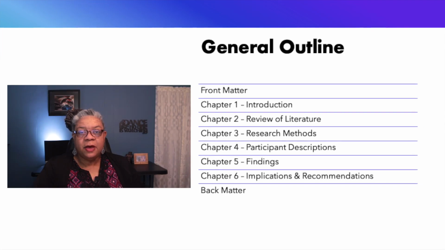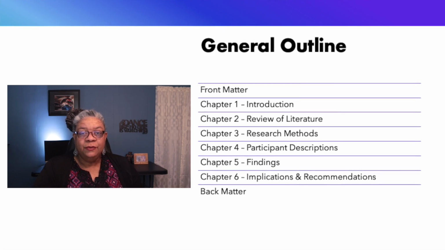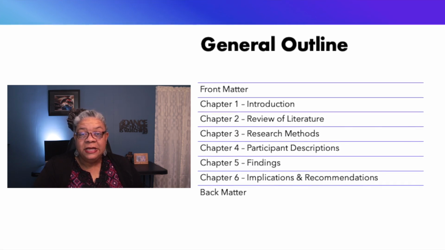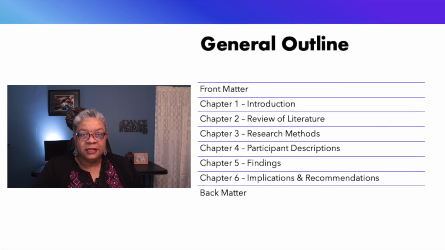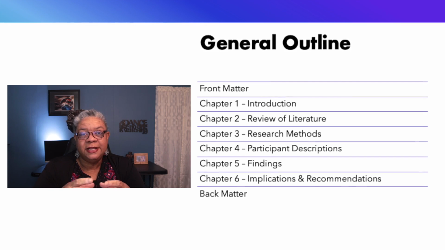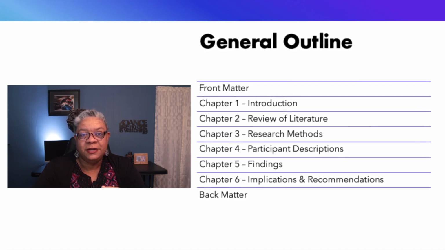Okay, so let me talk about what I'm going to cover in this video. I'm going to talk with you a little bit about front matter, about chapter 1, which is your introductory chapter, chapter 2, which I'm referring to as your literature review chapter, chapter 3, which is all about your research methods. Chapter 4 is for qualitative research studies. I like deep and rich descriptions of the participants.